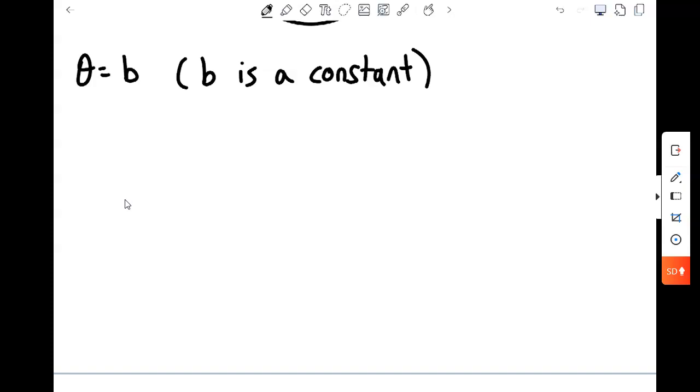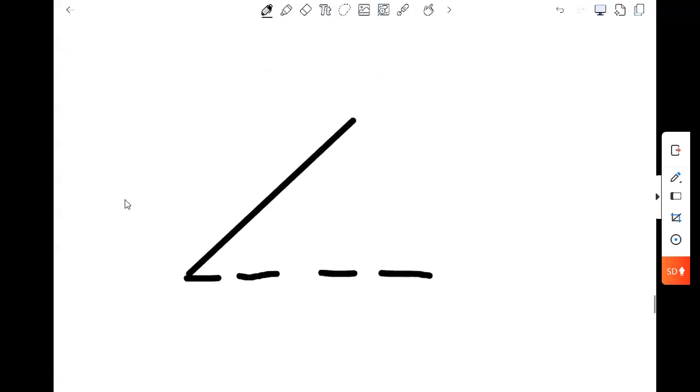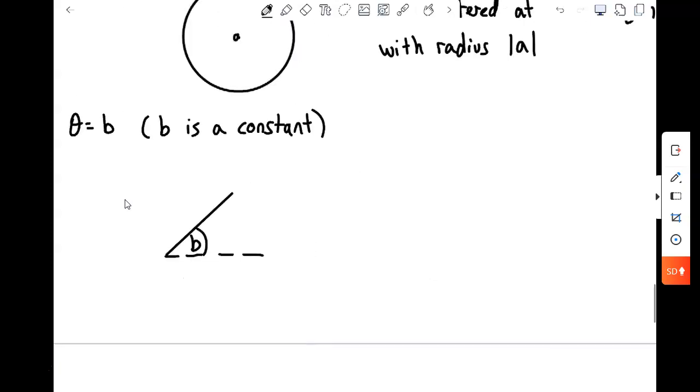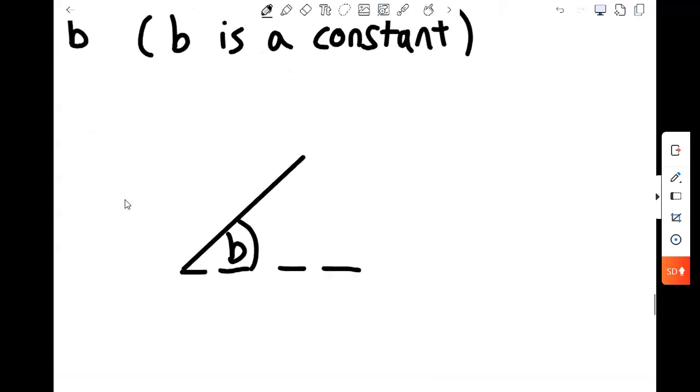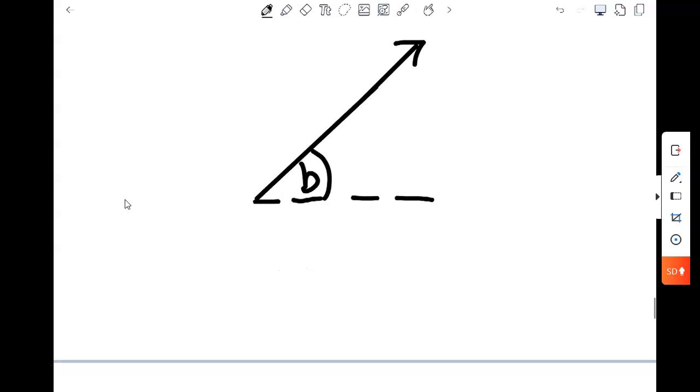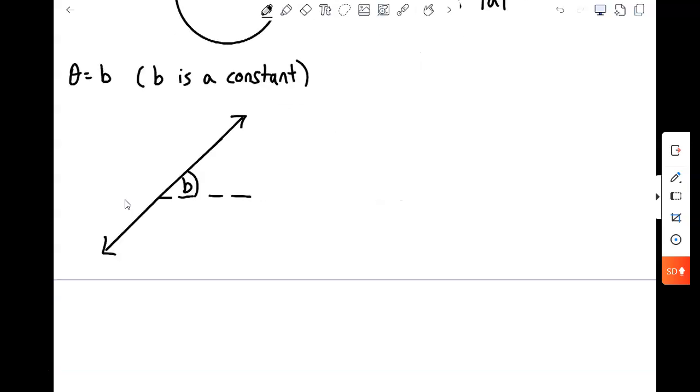So if I draw in here my positive x-axis, then you're heading at some angle b with respect to it, where b again is some angle in radians. And you can go in either direction, extending the radius as far as you want. You can go forward with positive radius, but r can also be negative, so we can go anywhere that way. And so we end up getting a straight line that passes through the origin.